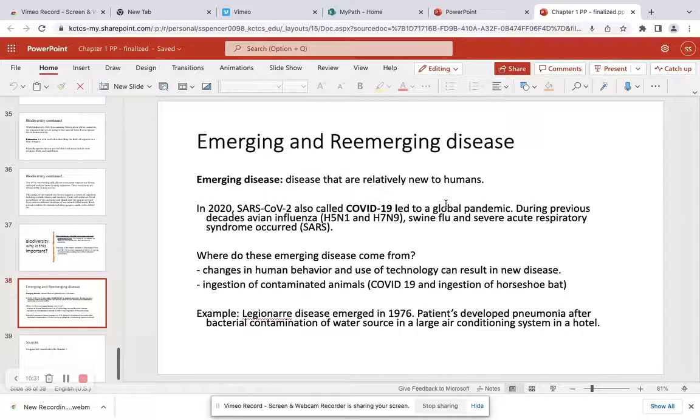These people would go to a hotel and stay, and then they would come home and have pneumonia-like symptoms, and they were wondering why, and it was just due to bacteria living within the water cooling system within the air conditioner. But again, the most important thing from this slide is knowing that COVID-19 is an example of an emerging disease, and knowing where emerging diseases come from: changes in human behavior, technology, and ingestion of contaminated animals.